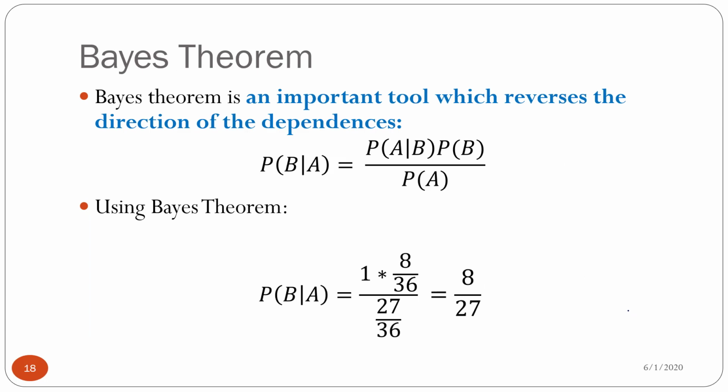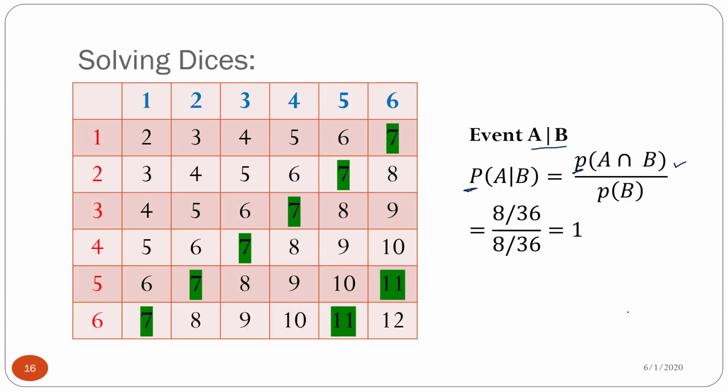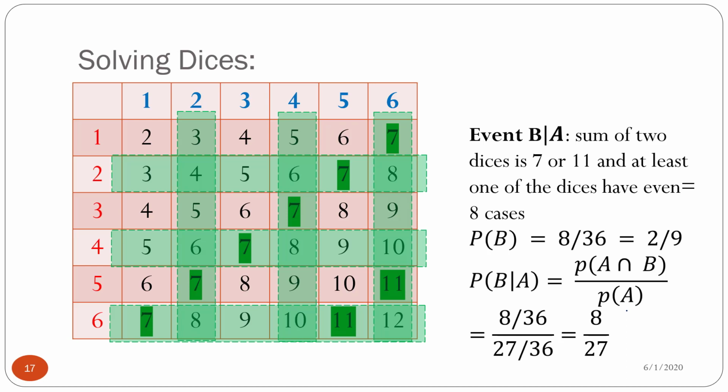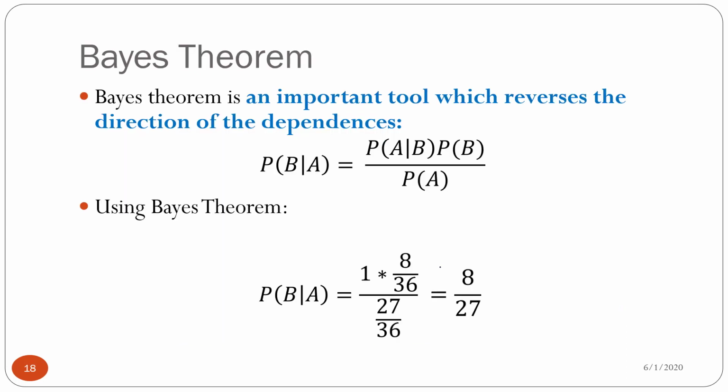Alright, so now when you found all these things, this is what we were doing the hard way. Let's look at the Bayes theorem. Can Bayes theorem help us do this in a simpler way? The answer is yes. Why? Because we can use this expression.